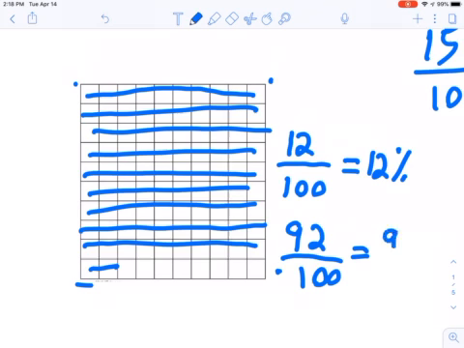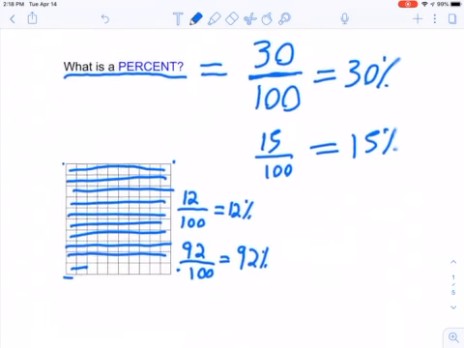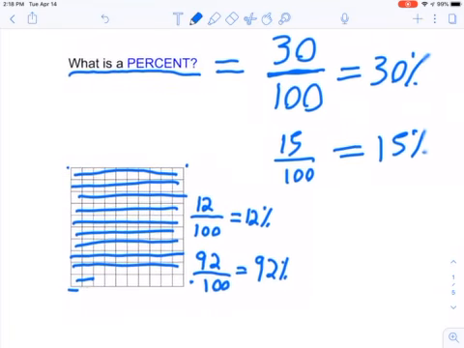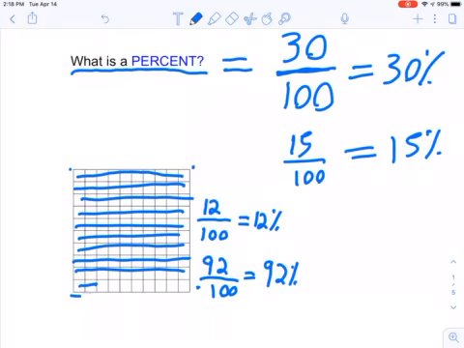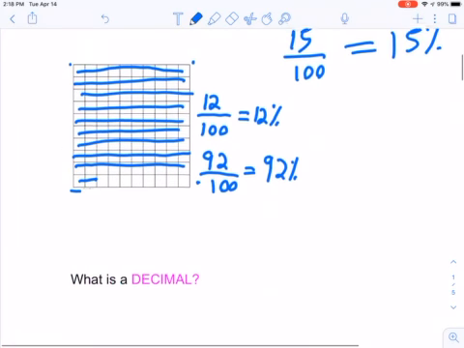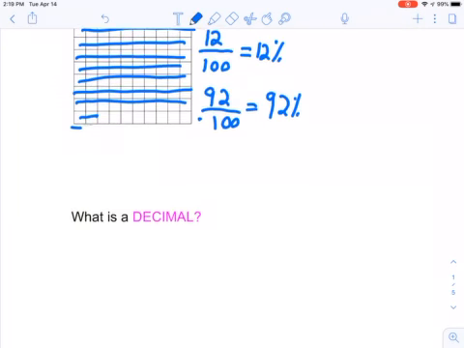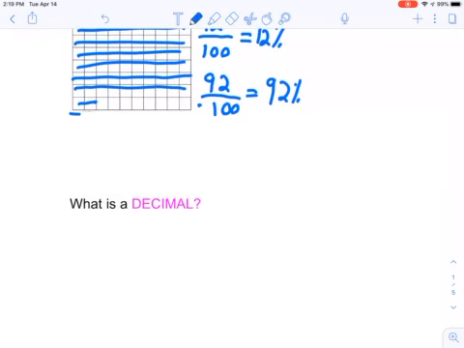Excellent, 92%. So hopefully you now understand the relationship between a percent and a fraction. You will always understand that a fraction out of 100 will give you the percent that you are desiring to find. Okay?